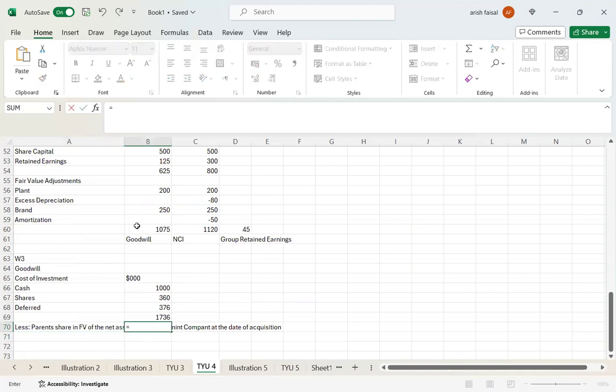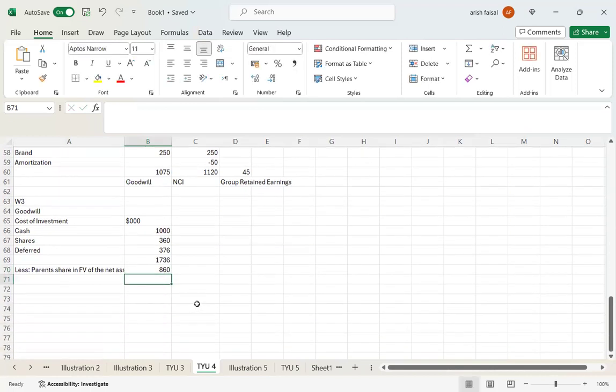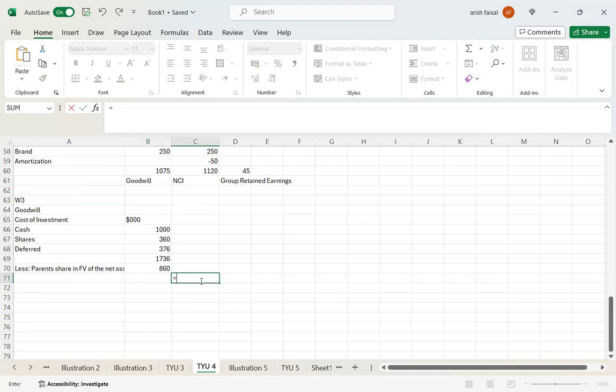So in that case, it's going to be 1075 into 80%, and you get 860. So what you have paid in extra is 1736 minus 860, and you get there a goodwill of 876, which is the controlling or the parent's share of the goodwill.